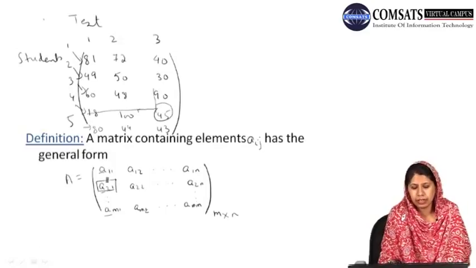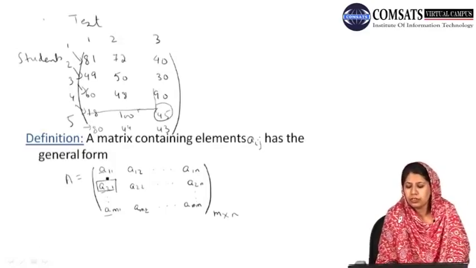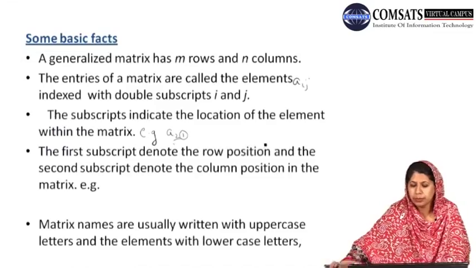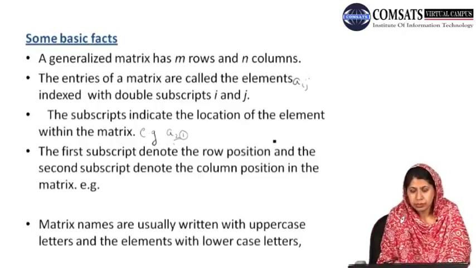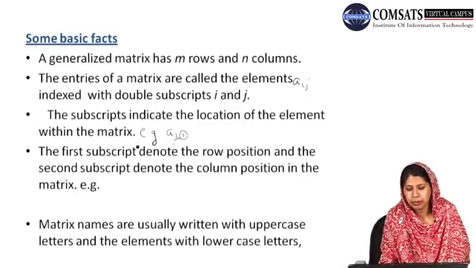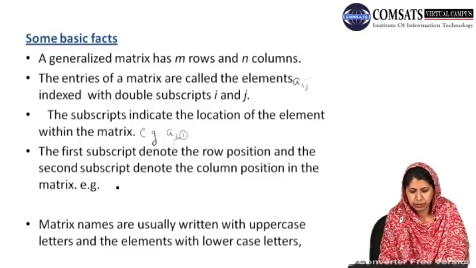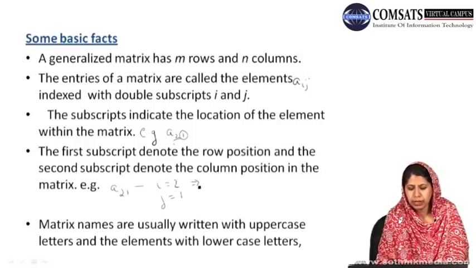So the first subscript i denotes the row position and the second subscript j denotes the column position.